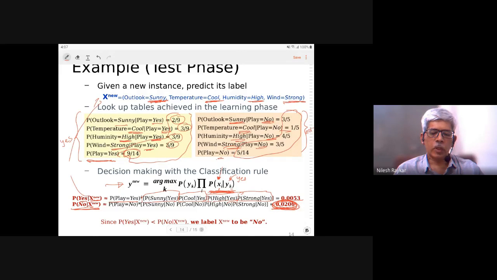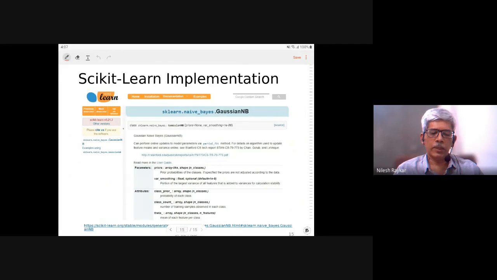And this particular model is also available in sklearn, as we already know, and that is Gaussian Naive Bayes or GaussianNB, the library function which you can use for modeling this. Remember that here we are considering the problem to have all discrete variables.